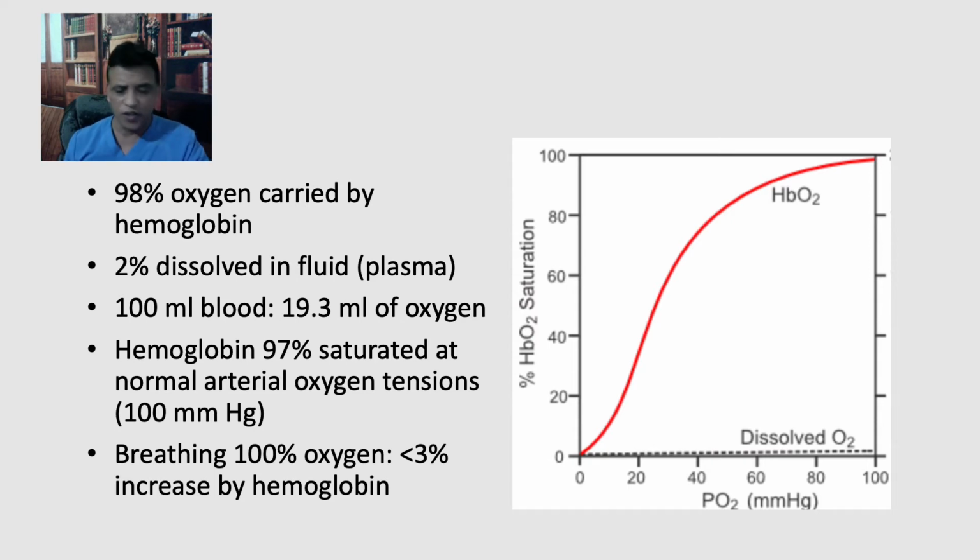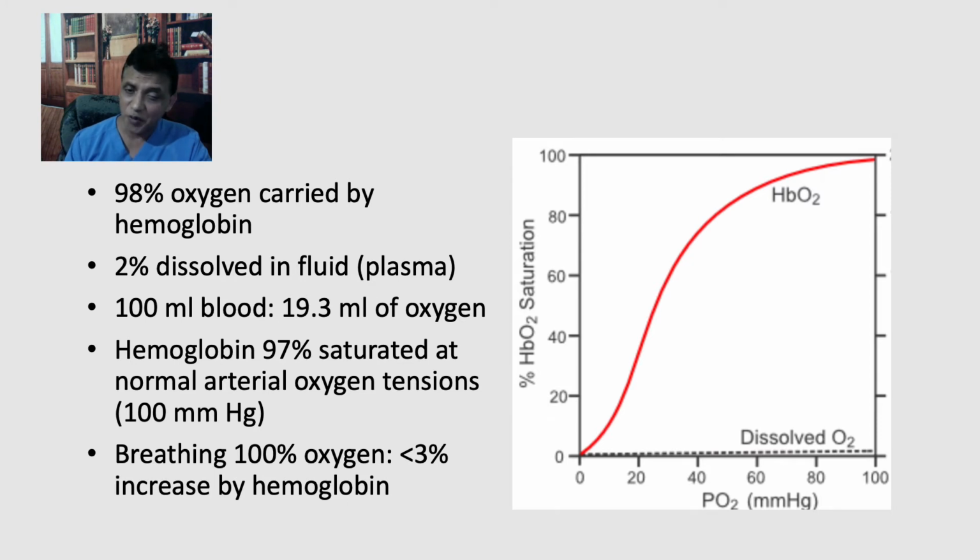So to give you an intuitive sense of that, let's say if one were to take a syringe and aspirate 100 mils of blood from somebody's femoral artery, recommend don't do it. Out of the 100 mils of blood, 19.3 mils will be oxygen.